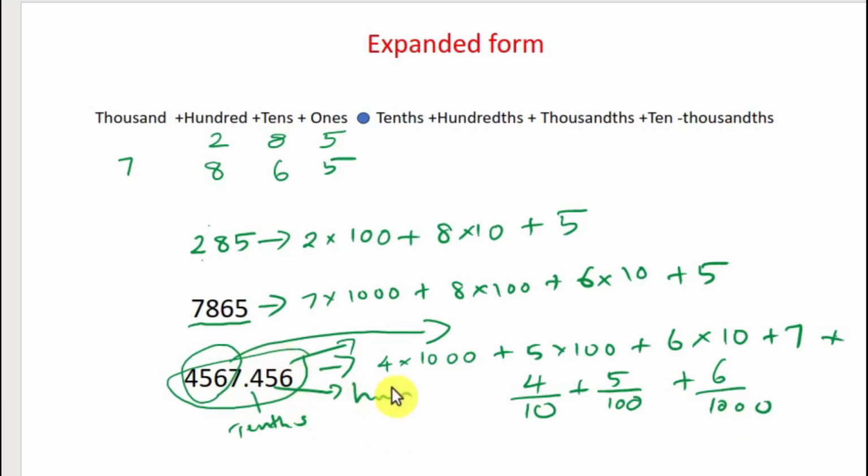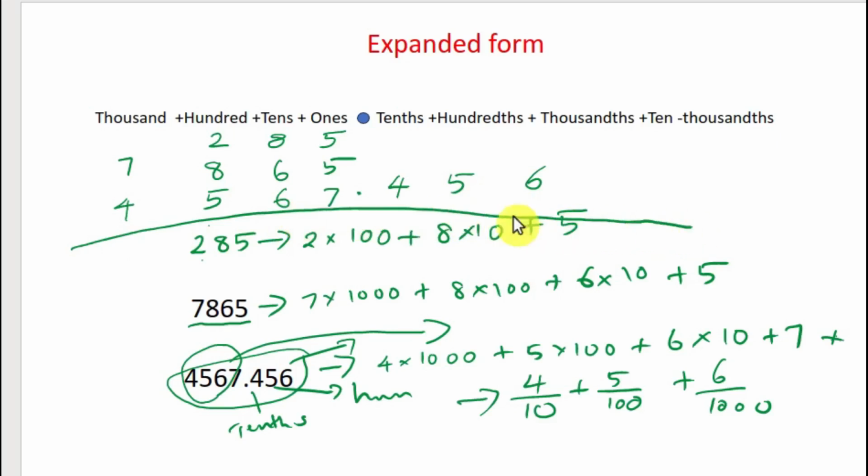The decimal part I have written like this. So 4 thousands, 5 hundreds, 6 tens, 7 ones, point, 4 tenths, 5 hundredths, 6 thousandths. Understood? That is how to expand a decimal number.